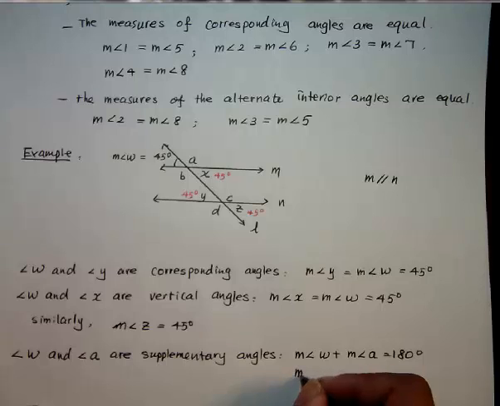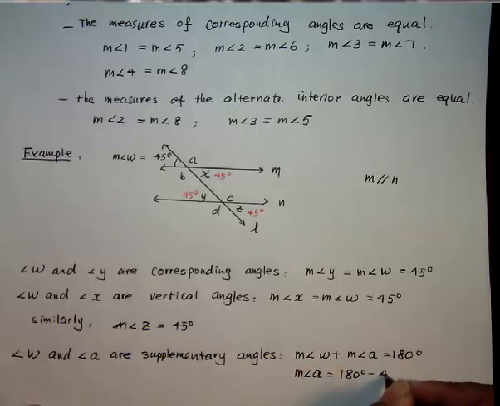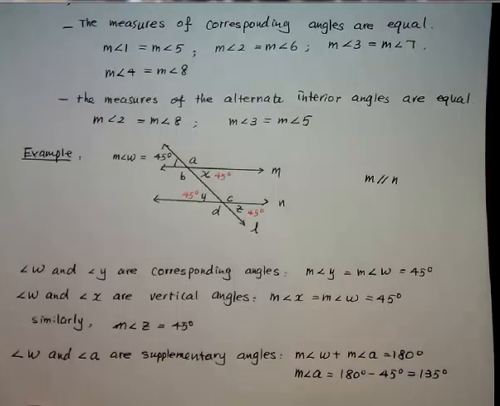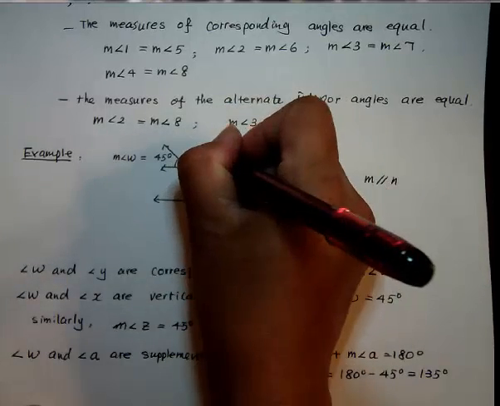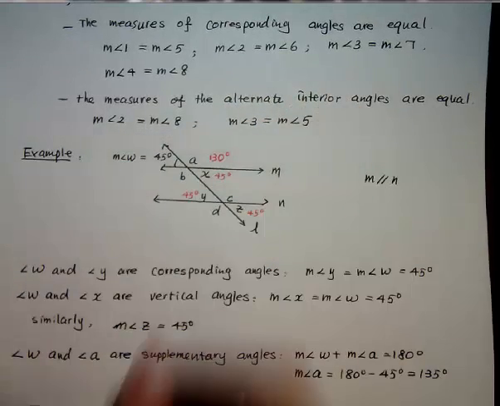Then the measurement of angle A should be 180 degrees subtract 45 degrees, which leaves 135 degrees. So this one is 135 degrees.